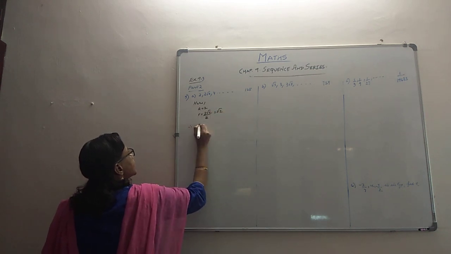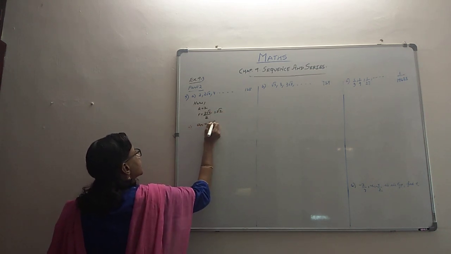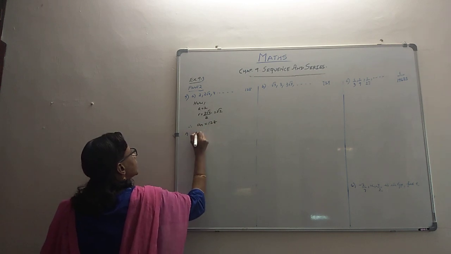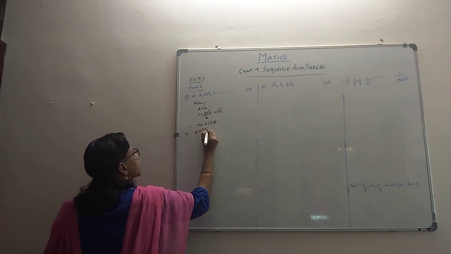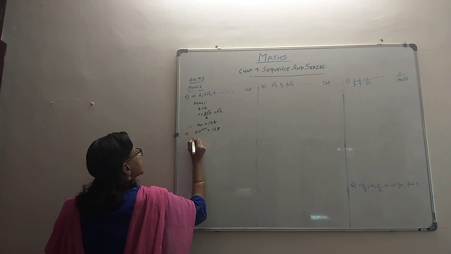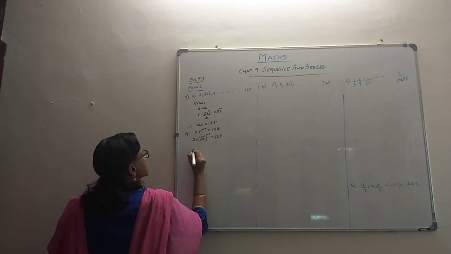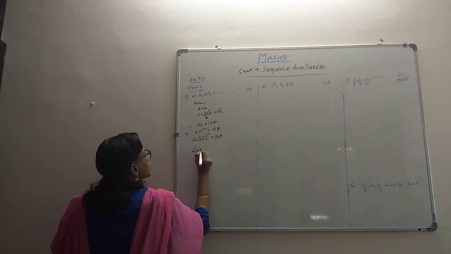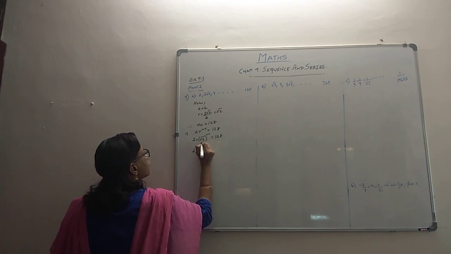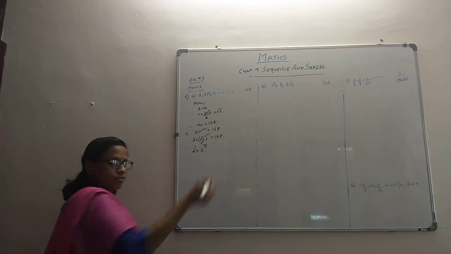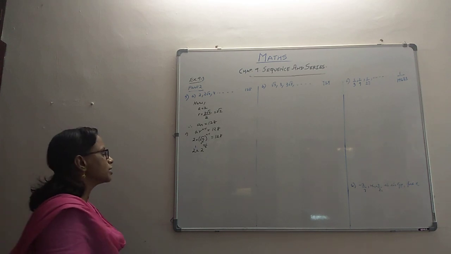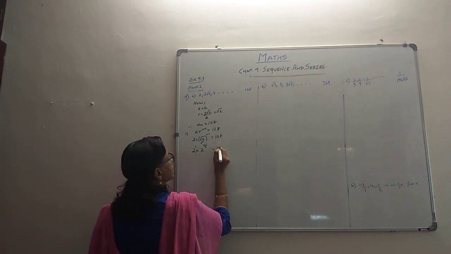And they say that AN is 128, which will mean that AN by formula is AR raised to n minus 1 is 128. That is 2 into root 2 raised to n minus 1 is 128. Actually, when we see it, it is 2 raised to 1 into 2 raised to n minus 1 by 2. Why? Because this is 2 raised to half. So 2 raised to half into n minus 1 is 128.